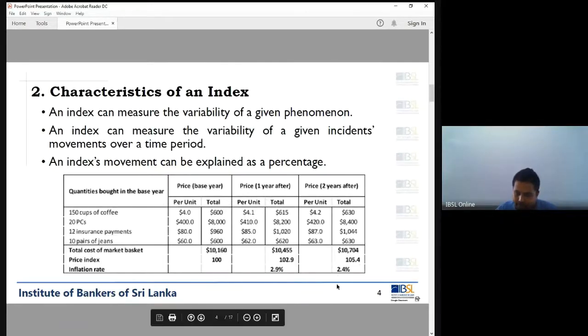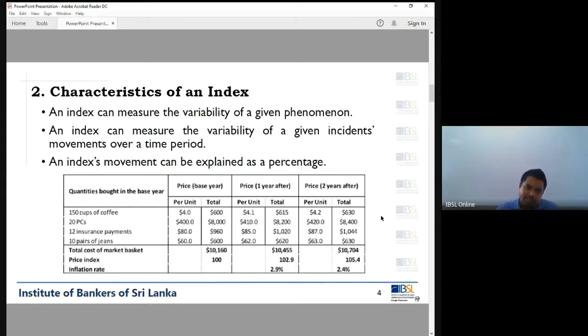This inflation rate is the comparison of year 2 to year 1. So this is a very simple exercise of how we define an index from a basket of items.